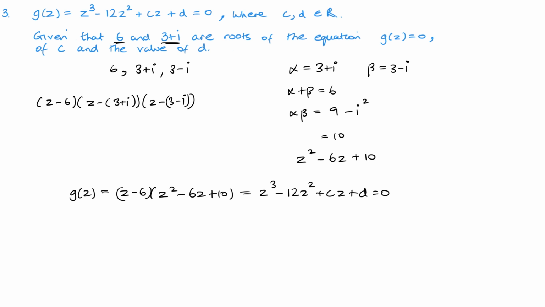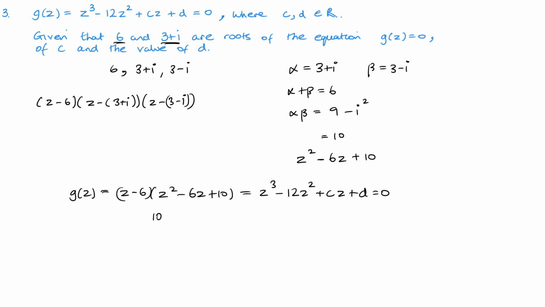So all you want to do here is either expand this, then compare, or just compare the terms that you need. So we want the value in front of the z. To get that, it's going to be z times 10, so just looking at the coefficient, that's just 10.